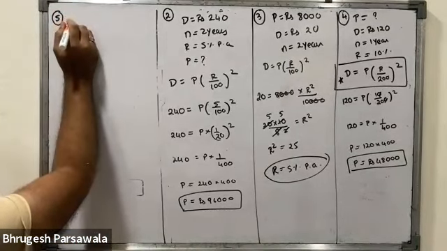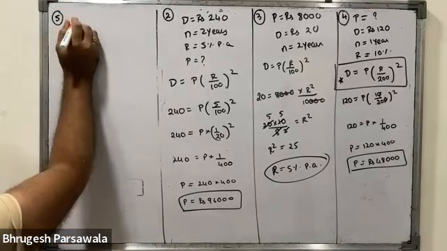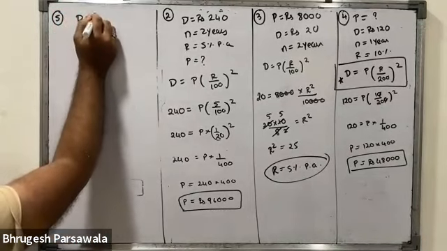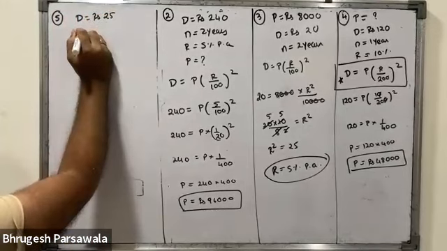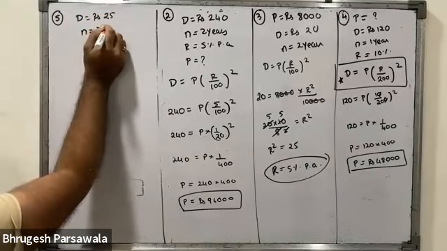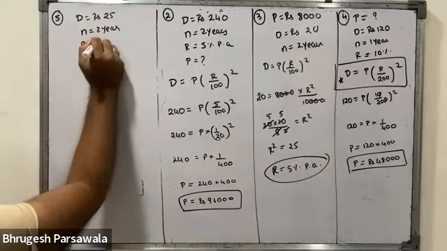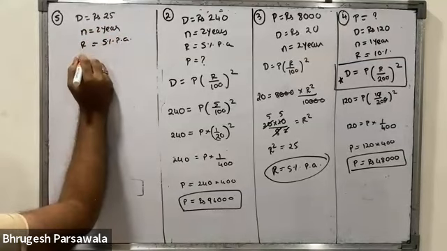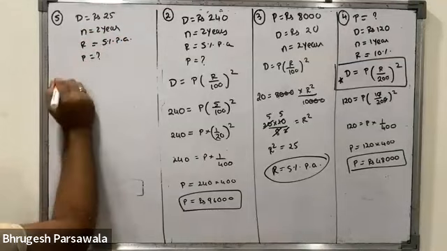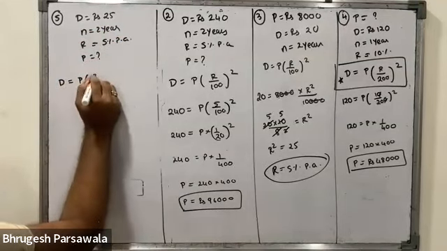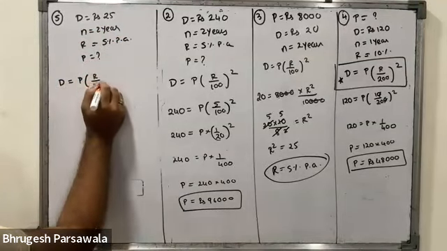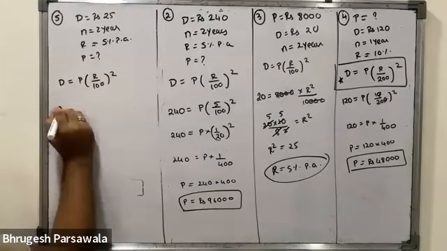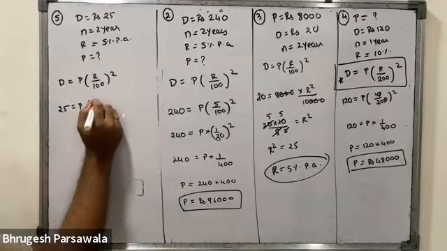On what sum of money will the difference between CI and SI be rupees 25? 2 years. Rate is 5%. Principal is to be found. D equals P R upon 100 raised to 2. 25 equals P, R is 5.